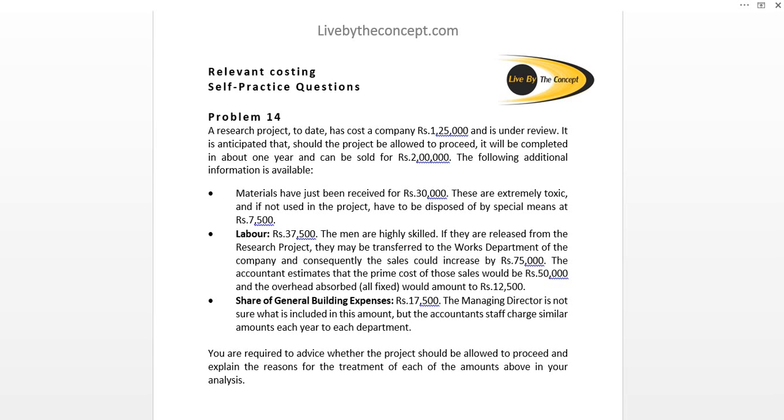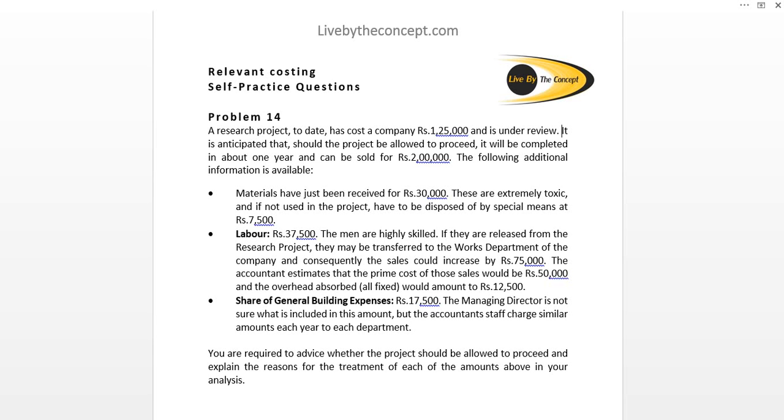In the work department, they will be able to earn the sales revenue of 75,000 with a prime cost of 50,000. So can I say they are able to earn 25,000 rupees contribution in the works department? Now the 12,500 which they have provided, that is a fixed cost or the fixed absorbed overhead, won't be considered. The reason is that it's an irrelevant item.